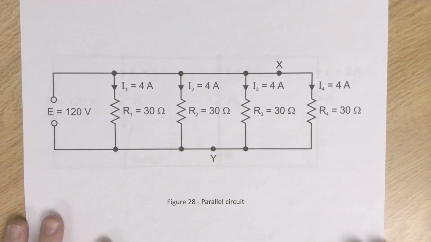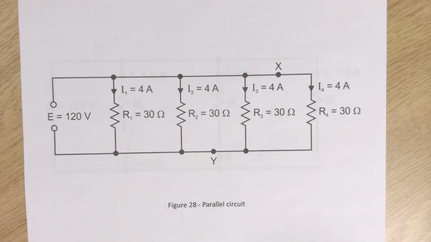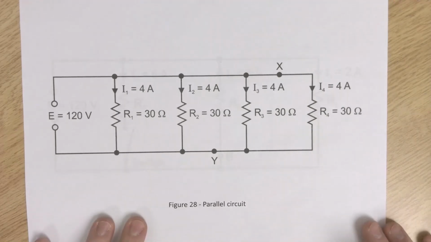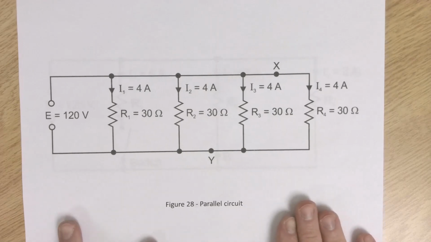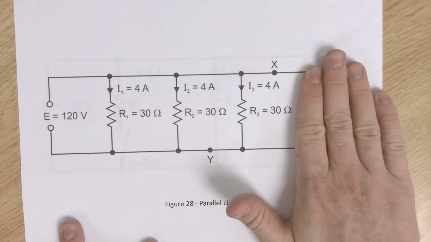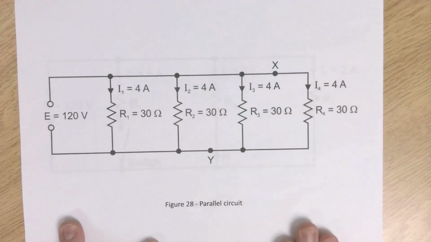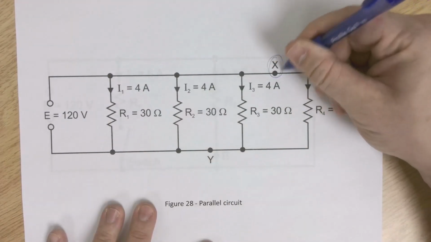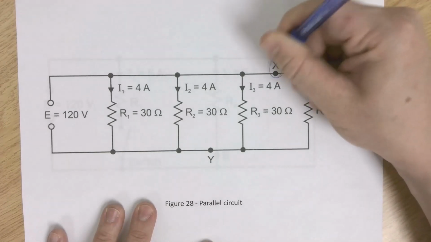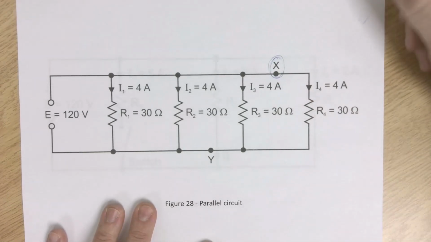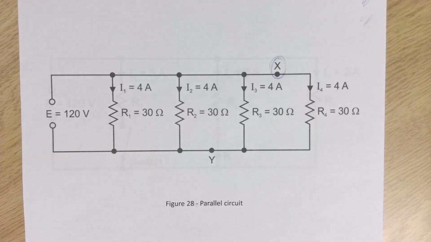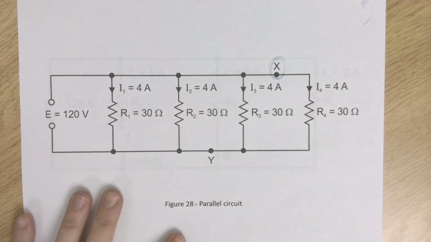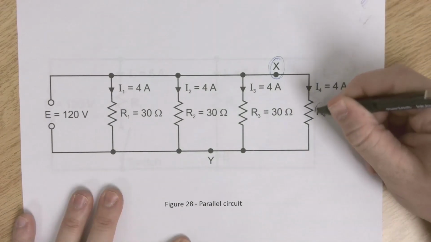So let's look at a schematic diagram and let's talk about open circuits and how they make parallel circuits behave. In that last ladder diagram, I was talking about if you lost a branch, which would be if at point X you had an open circuit. If you had an open circuit at point X, then you would lose R4.